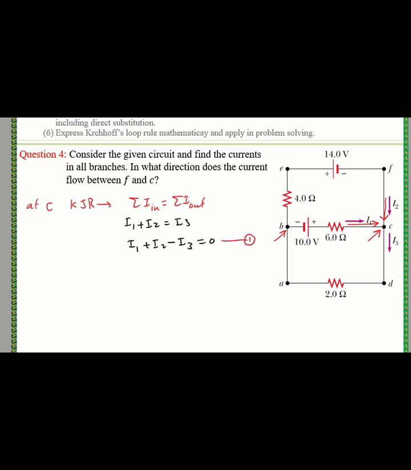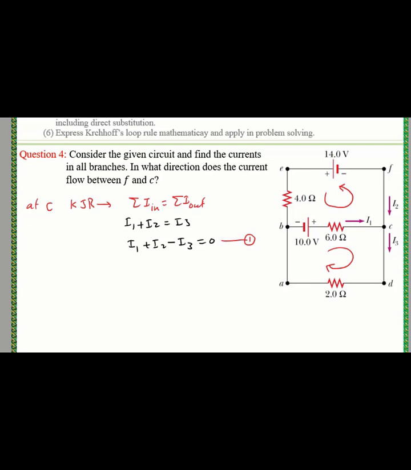Now apply Kirchhoff's loop rule two times, in the upper loop and in the lower loop. Here I will take it as counterclockwise and here clockwise.